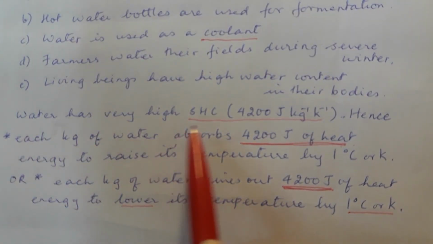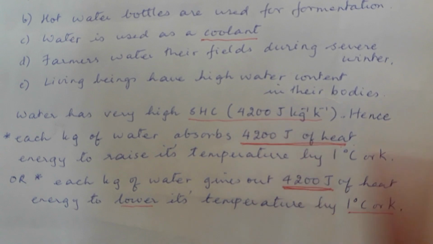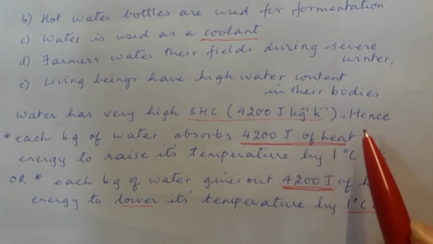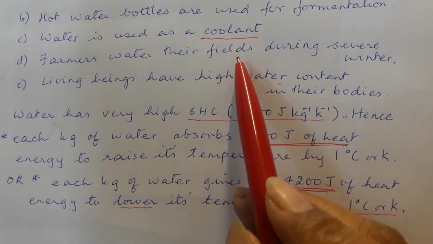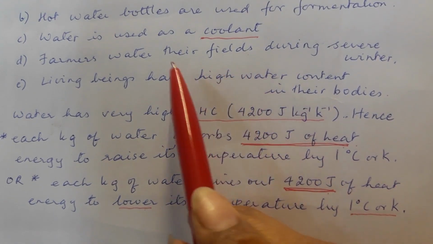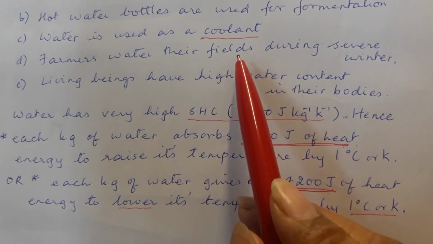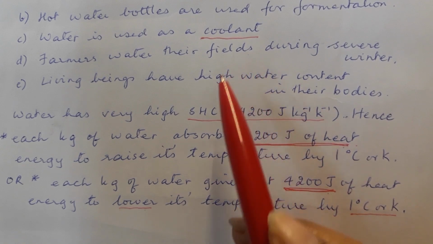Water has very high specific heat capacity, that is 4200 joule per kg per Kelvin. Hence, each kg of water here will give out 4200 joules of heat energy to lower its temperature by 1 degree C or Kelvin. And this heat is given to the crops in the field. And so the freezing of the crops is prevented.